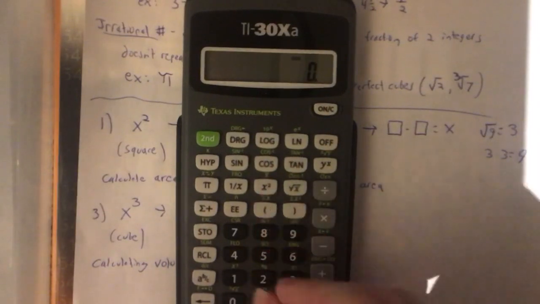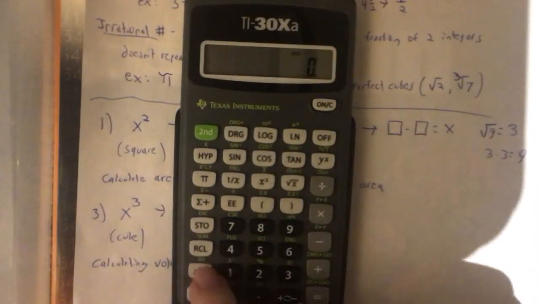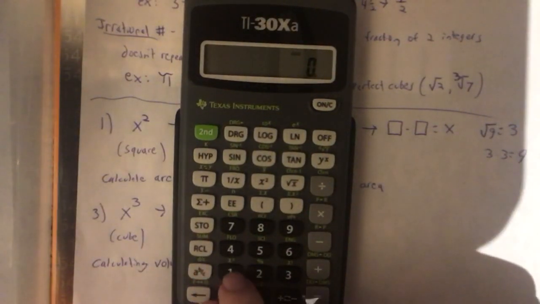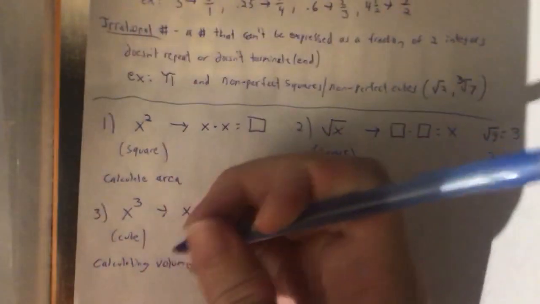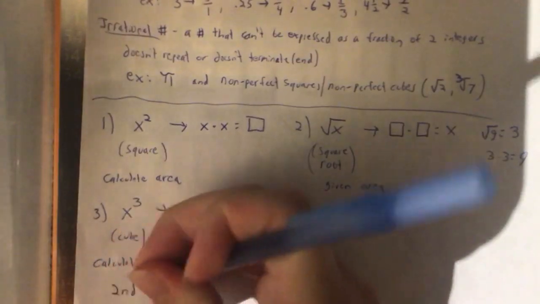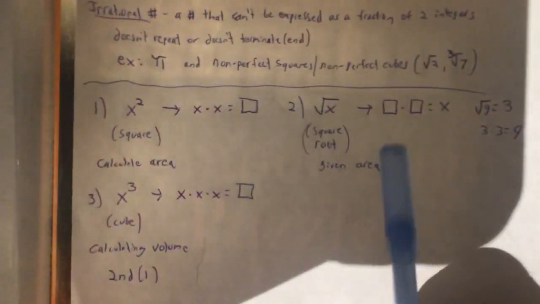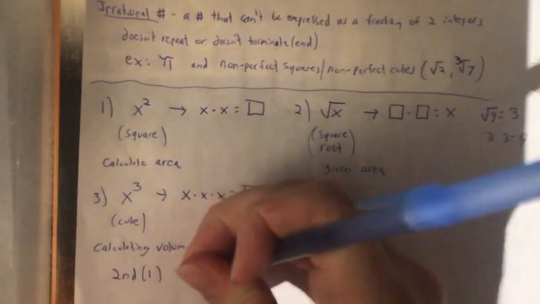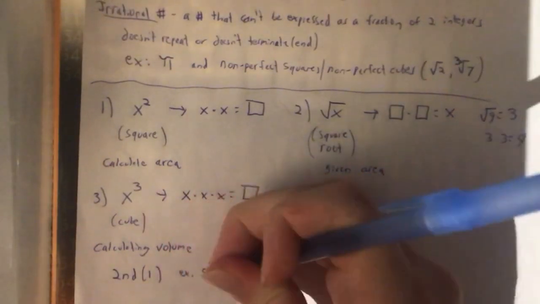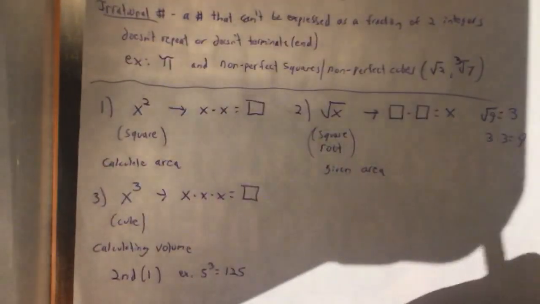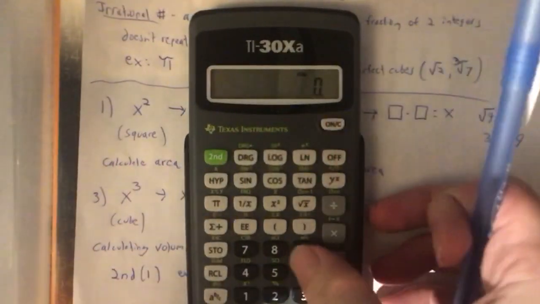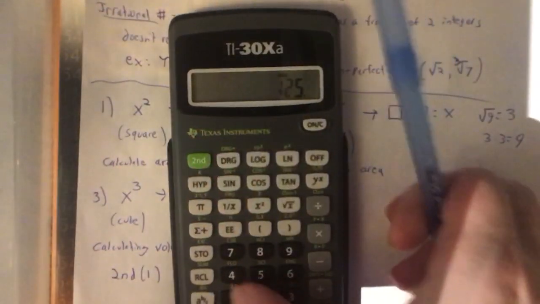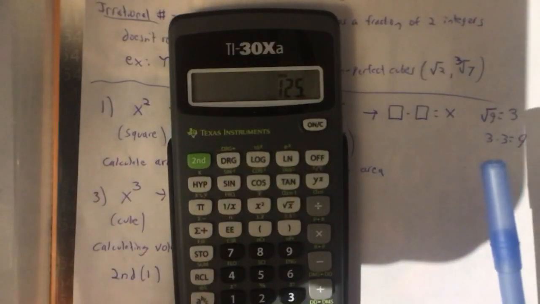There's x2. x3 is above the 1. So second 1 does x cubed. So for volume, I use second 1. That does a cubed on the calculator. So for example, 5 cubed equals 125. I would do 5 second 1, 125.